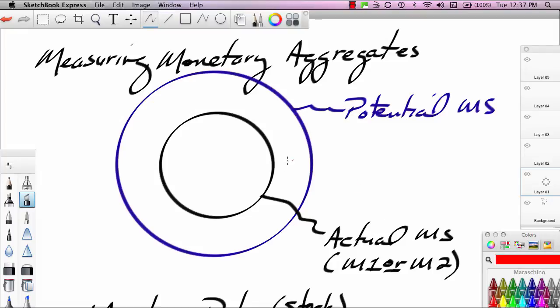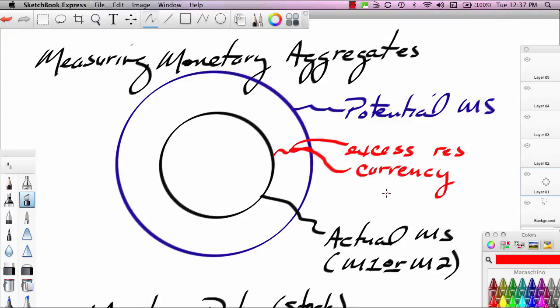Earlier in our monetary studies, we looked at the deposit expansion multiplier process, and we learned that because banks hold excess reserves and because people hold currency, the actual expansion is not as great as what it could potentially be, its maximum.